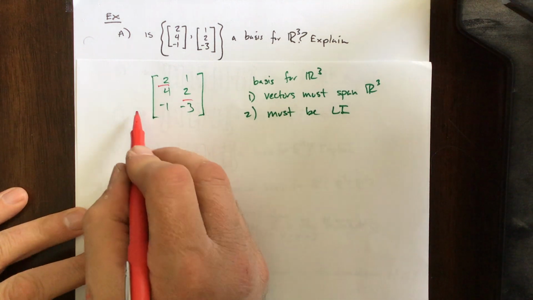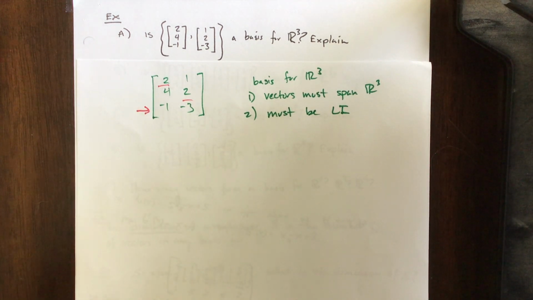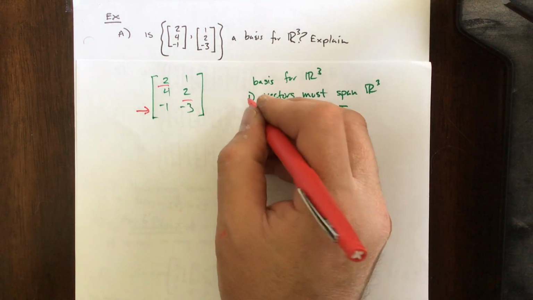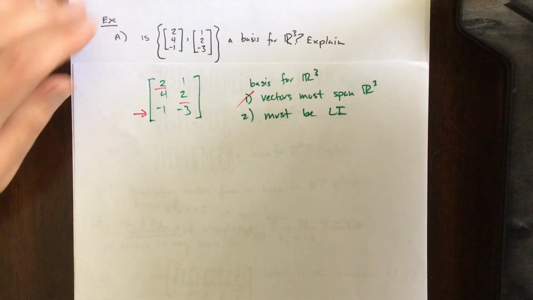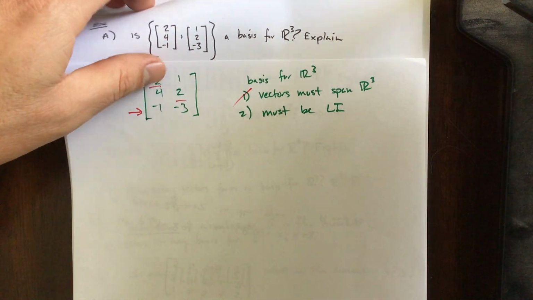But I can't have a pivot in row 3. So the first step is already violated. The vectors must span R3. This can't span R3 because I don't have enough vectors, since I can't have a pivot in every row. So the answer to part A is no, it's not a basis for R3.